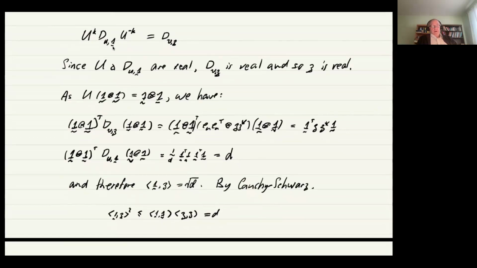This is the all ones vector. And so for the D_v z, we get just the sum of the entries of zz*. And for the other, we get D. And then by Cauchy-Schwarz, we conclude that we get equality in Cauchy-Schwarz, and that implies that z must be parallel to the all ones vector. And so that gives us the result.